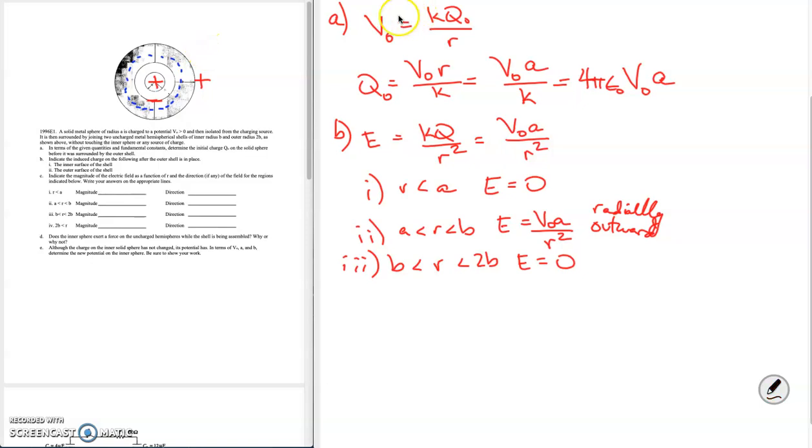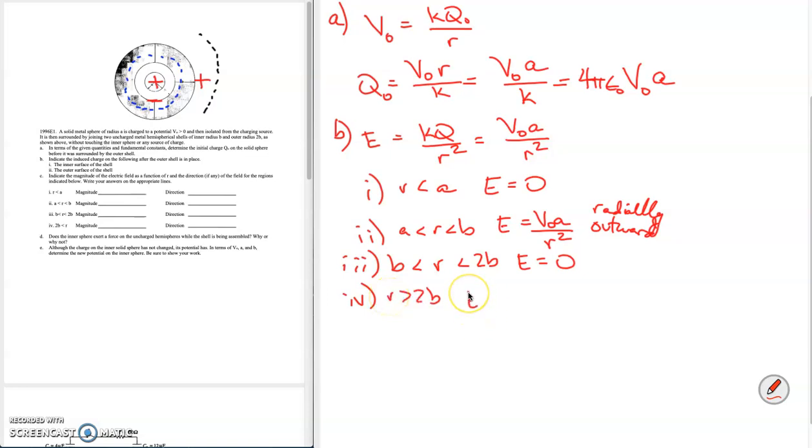And then when we get to outside here for part 4, way out here, for radius greater than 2b, we will have enclosed just that positive charge. We will have a plus and a minus, they cancel each other out, and then a plus. And so what we see here is just the plus charge. So for part 4, R is greater than 2b.